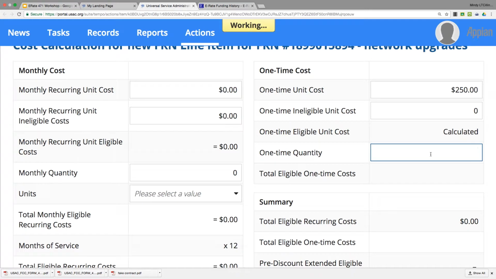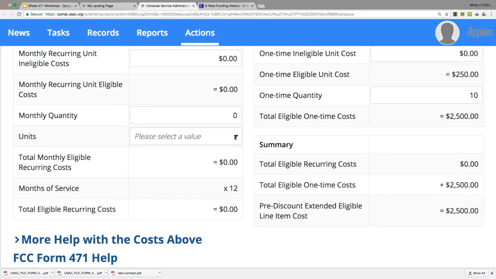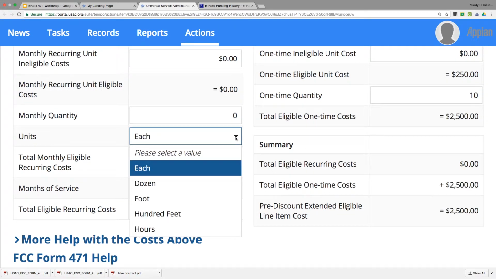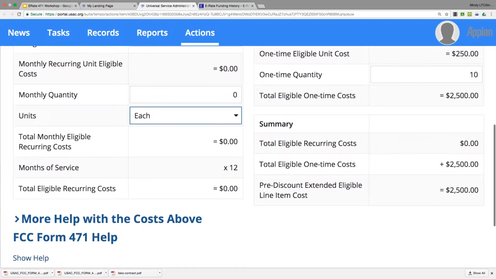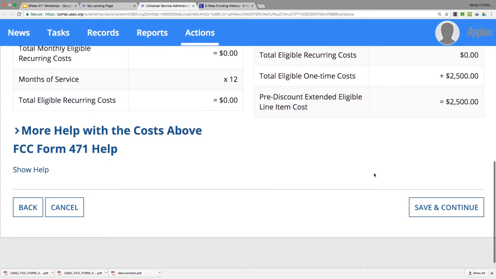And I am going to get 10 of those. So that's my one-time quantity. There is a little pull down here in the middle that will get confused unless you say each. Notice my other options are dozen, foot, 100 feet, hours. So it gives you several other options. So now I have 10 at $250 a piece. That's going to round out my wireless needs. And I'm going to say save and continue.